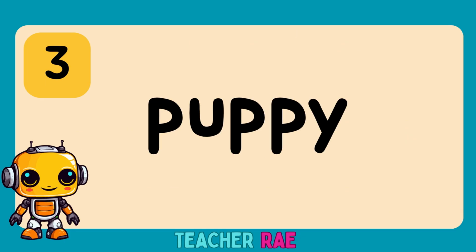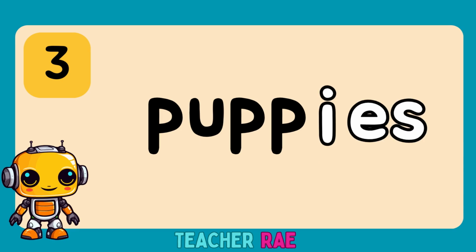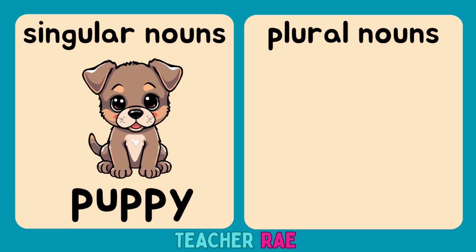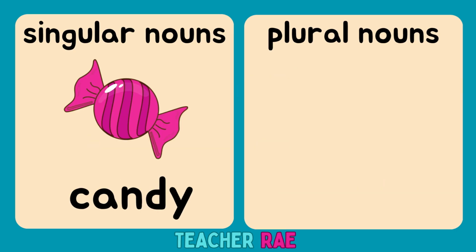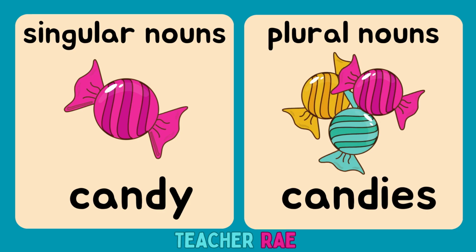For the word puppy, change Y to I and add ES. So puppy becomes puppies. And candy becomes candies.